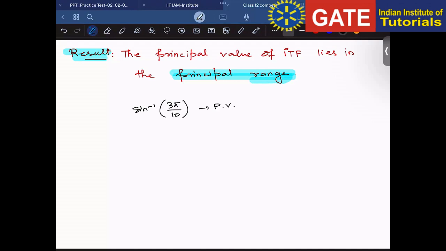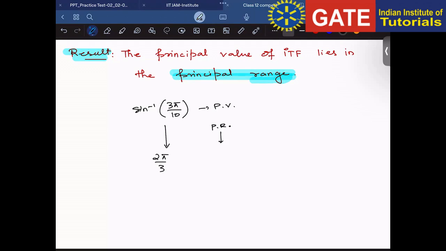So whatever your final answer is, in which interval should it lie? See, I am getting, say, 2 pi by 3. Now you tell me whether my answer is correct or wrong. What is the principal range of sine inverse x?